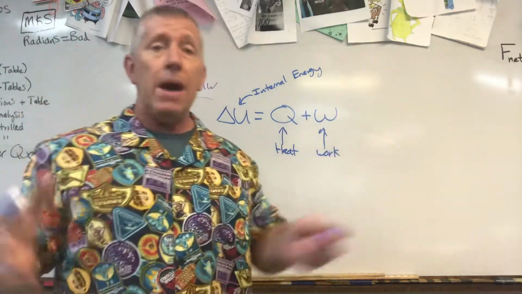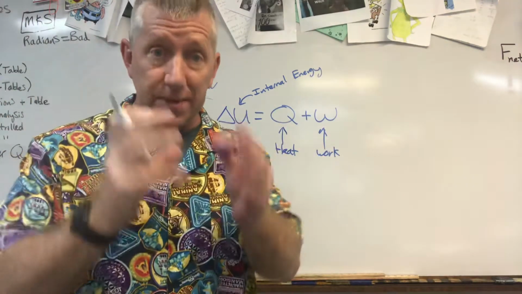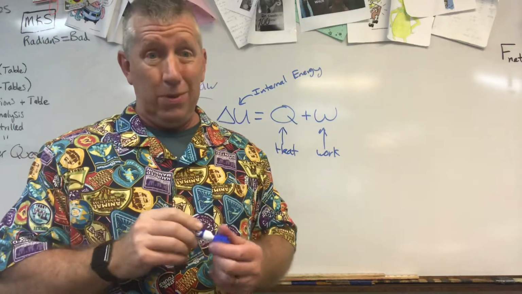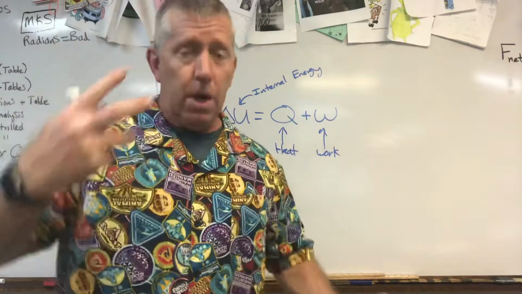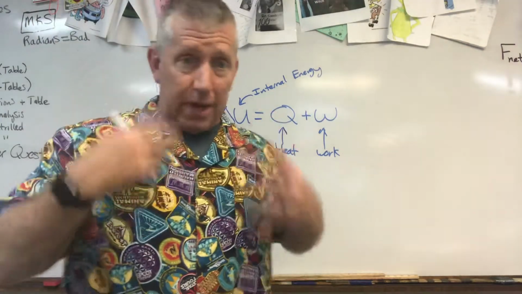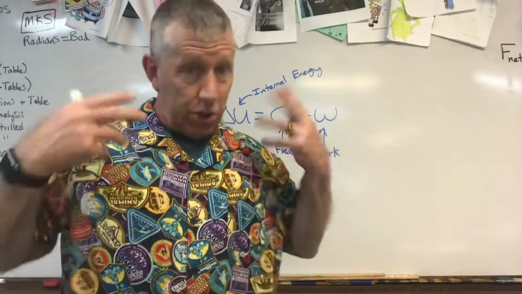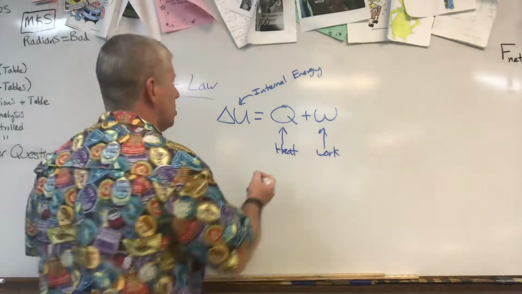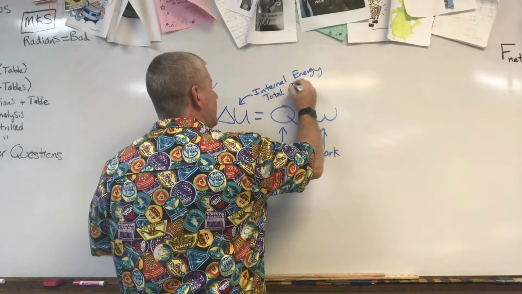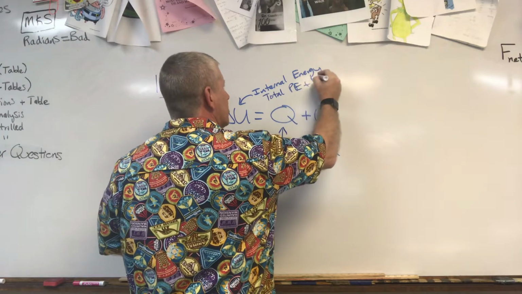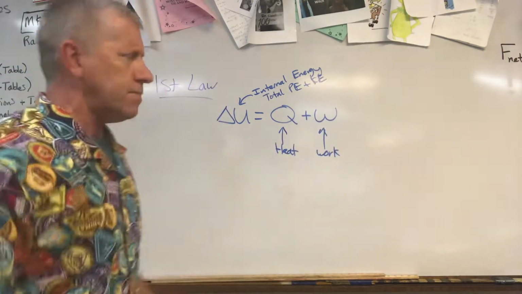That's the total amount of potential and kinetic energy a system has. A system is whatever you define it to be. You're a system. I'm a system. So my total amount of kinetic and potential energy would be my internal energy. It's the total of your energies.